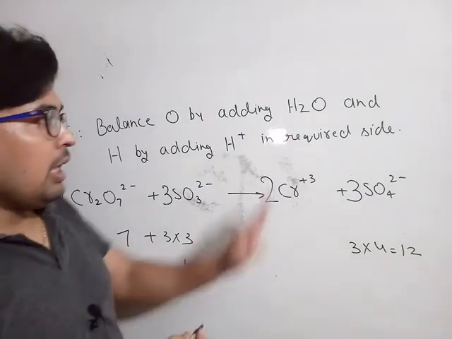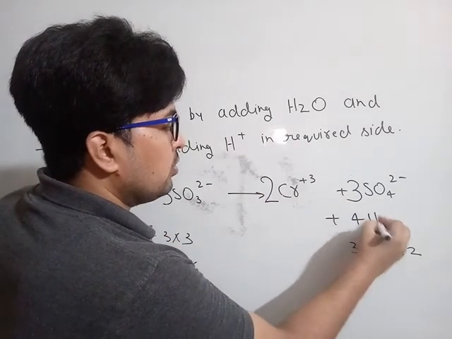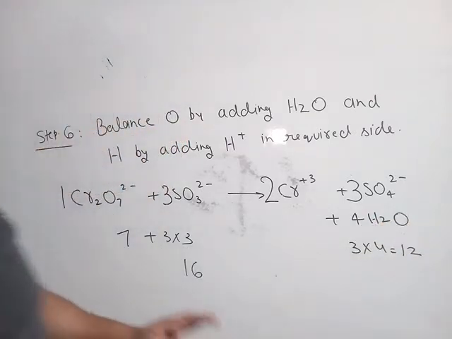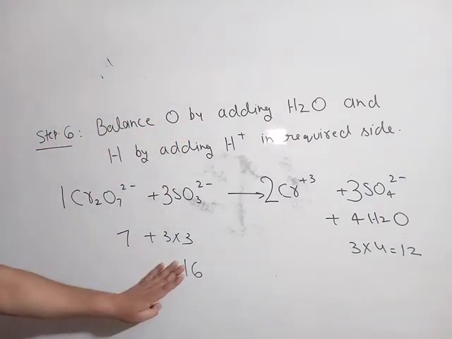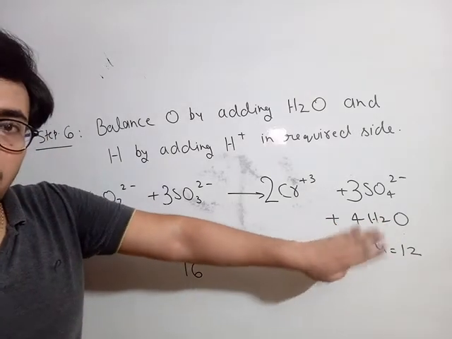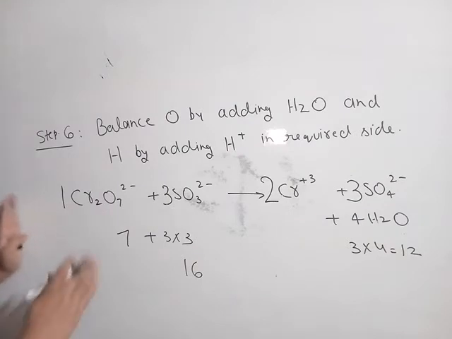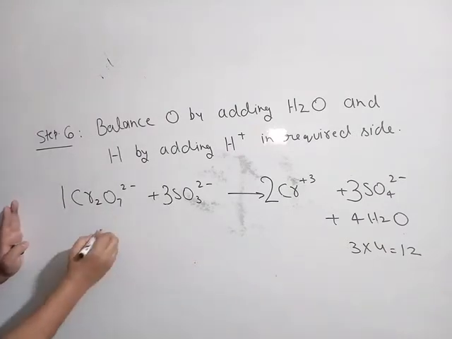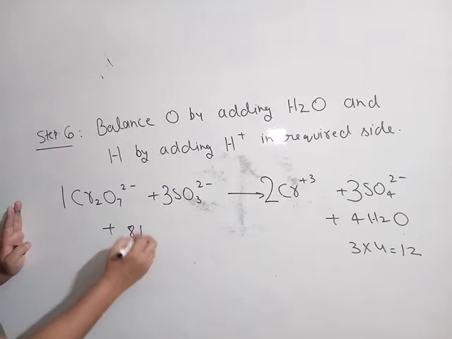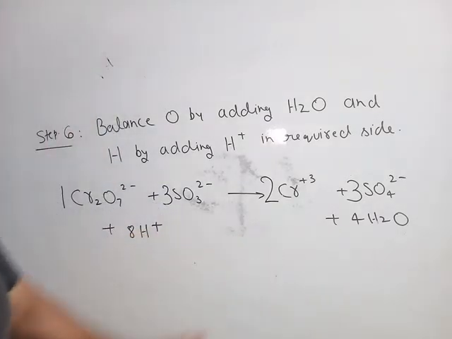We'll add H2O some number of times, so we'll add 4 H2O on the right hand side, so that it becomes equal. Now 8 hydrogen are in the RHS but 0 hydrogen in the LHS. So we'll add 8 H plus on the LHS to balance them.